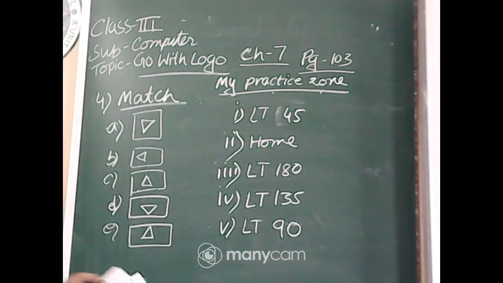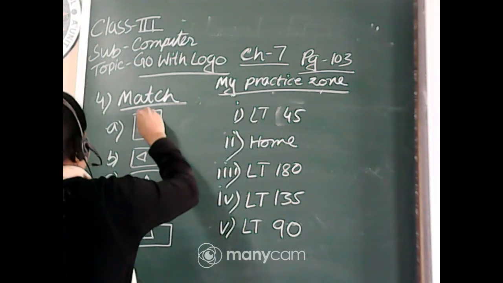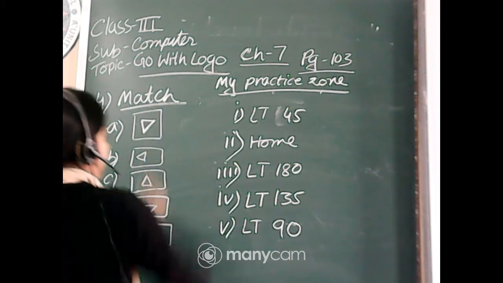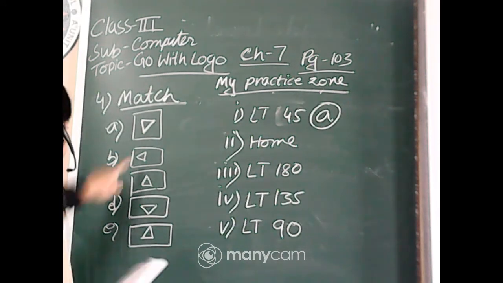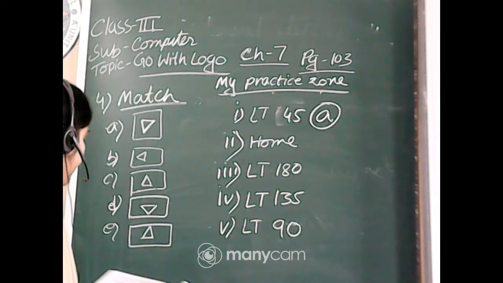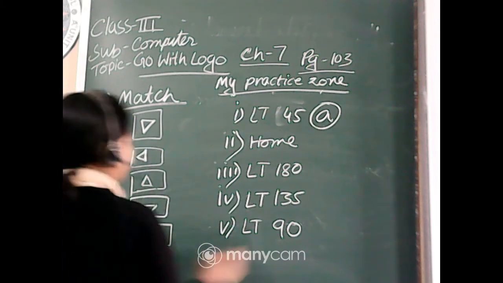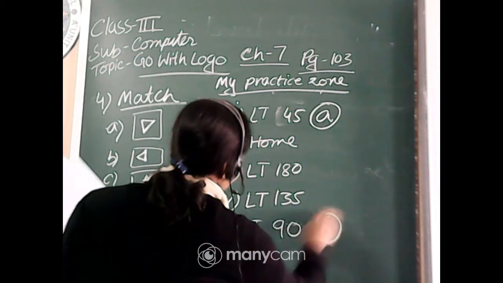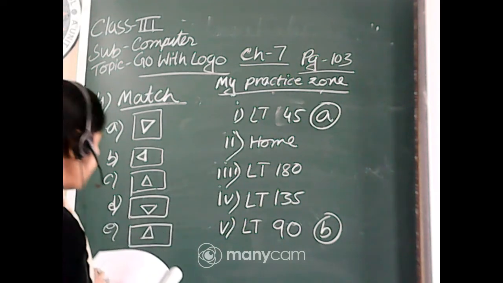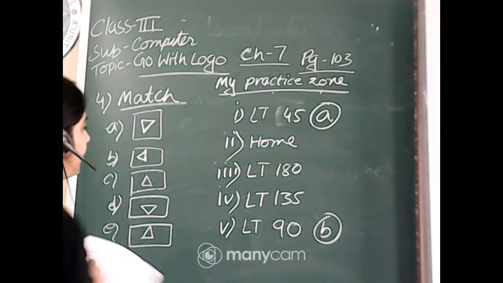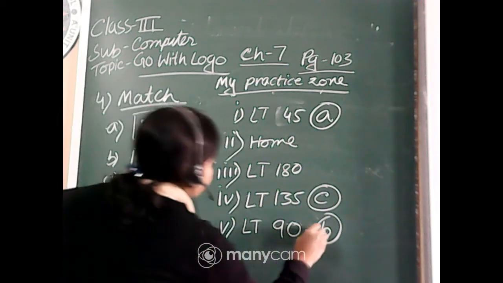So here A, this is LT 45. When you see the turtle's head like that, it is 1A. This one is LT 90, B5. And next number C, this is LT 135, C.